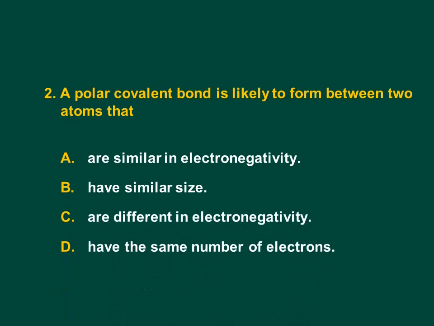The polar covalent bond: the difference in electronegativity, or the size, or the number of electrons. The correct choice is they are different in electronegativity.